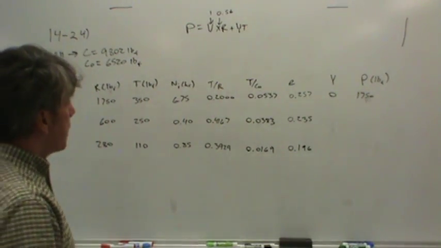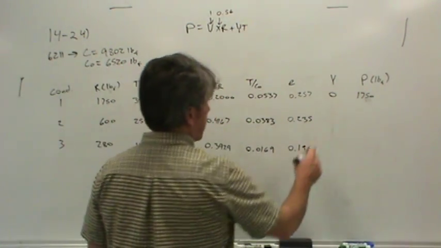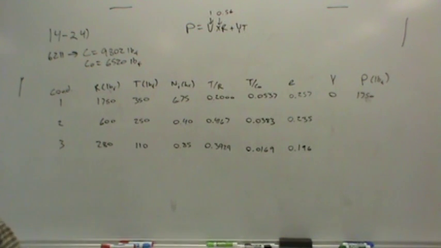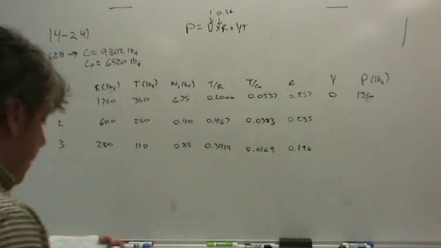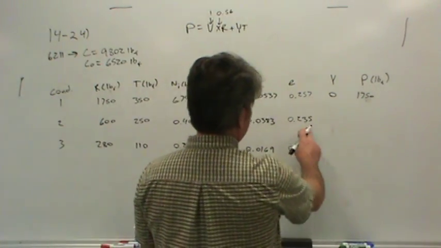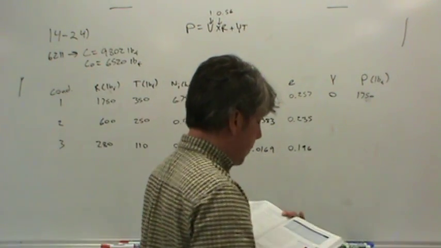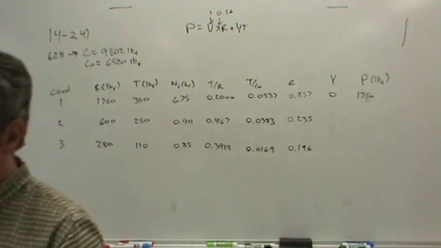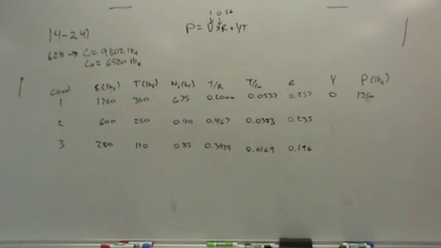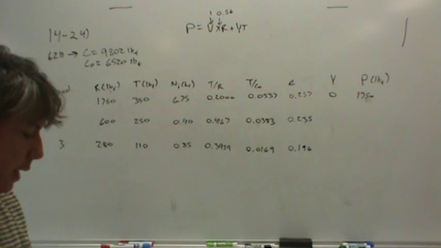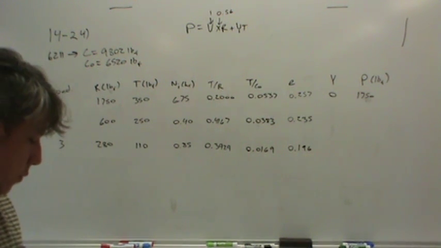Okay? Now let's calculate Y for the next line. The 0.235, that's about 0.24. For the sake of time in this video, what I'm going to do is just calculate the value of Y halfway between. So you'll notice that Y is between 1.99 and 1.71.